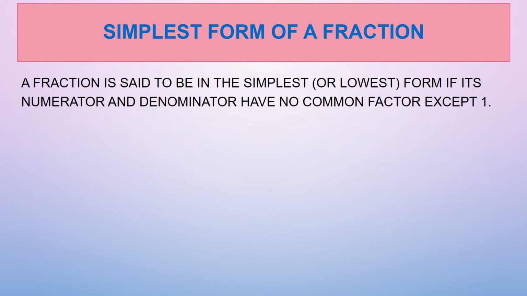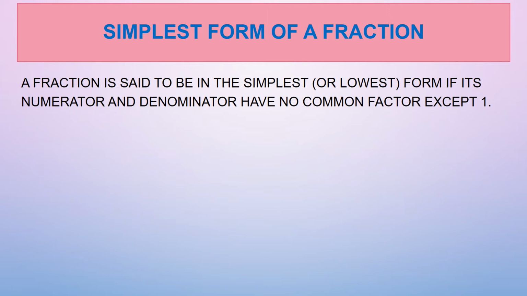Let's understand the simplest form of a fraction. A fraction is said to be in the simplest or lowest form if its numerator and denominator have no common factor except 1. In other words, a fraction is in its simplest form when the top and the bottom cannot be any smaller while still being whole numbers.